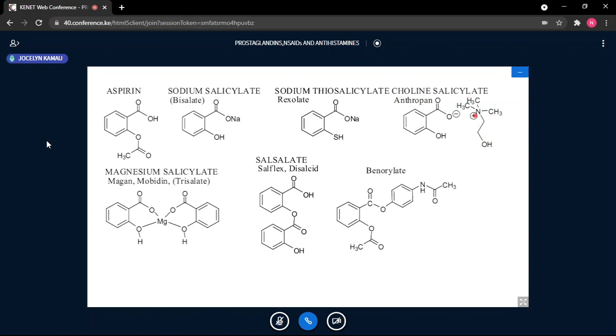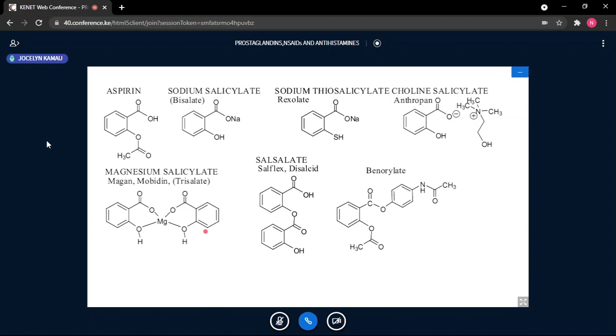This is just choline, with the trimethyl amino group. Choline has OH, CH2, CH2, and N(CH3)3. You can see that is positively charged, and of course it is complexed with that negative charge there. So that is choline salicylate.